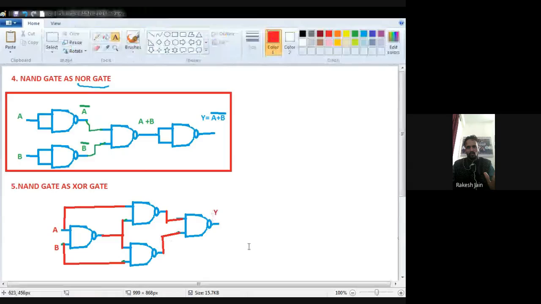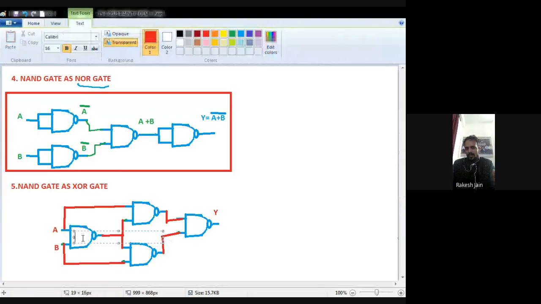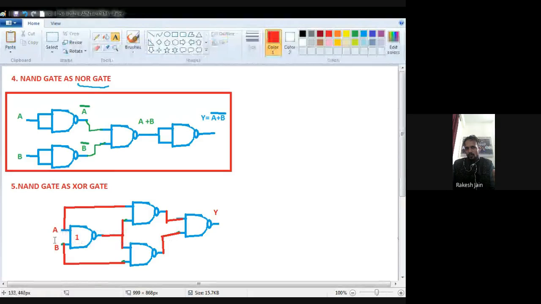Now the final output will be my XOR gate. And what is my XOR gate? A B bar plus A bar B. Now we prove that with the help of these four NAND gates we can realize an XOR gate with the help of this circuitry.